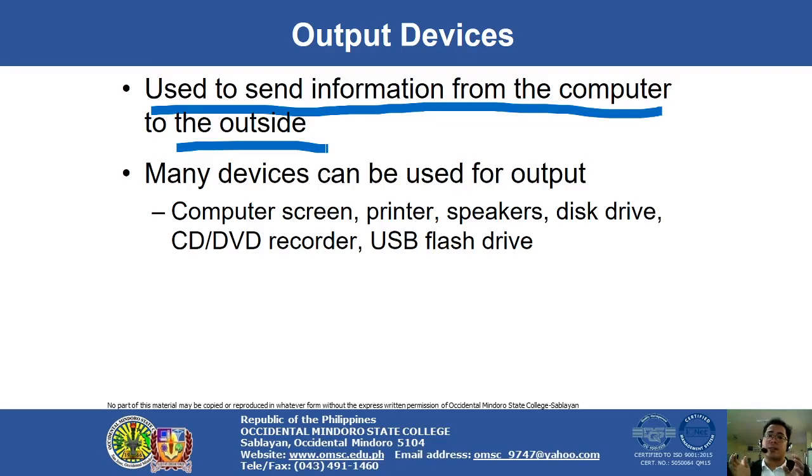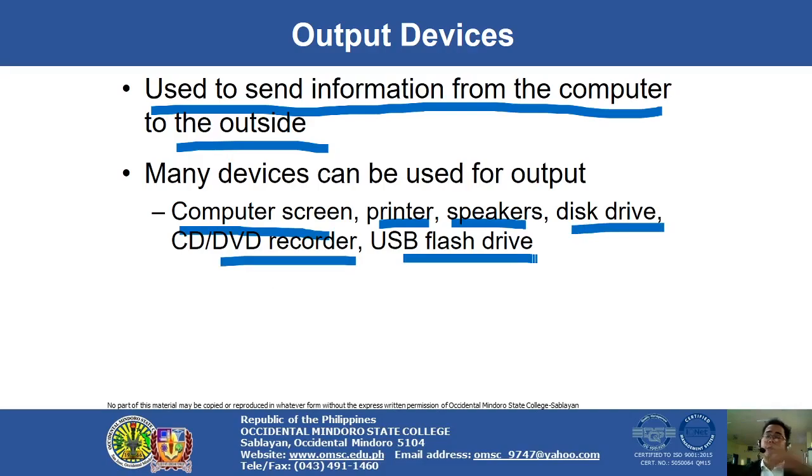Sa labas. Okay? So, an example niyan is the computer screen, yung ating monitor, the printer, pag magpiprint tayo, the speaker, that is the sound, disk drive, CDs, recorder, and the flash drive. So, those are an example of the output devices.